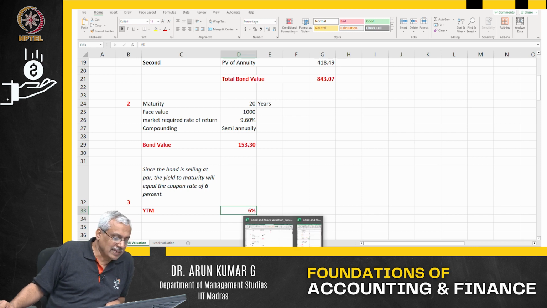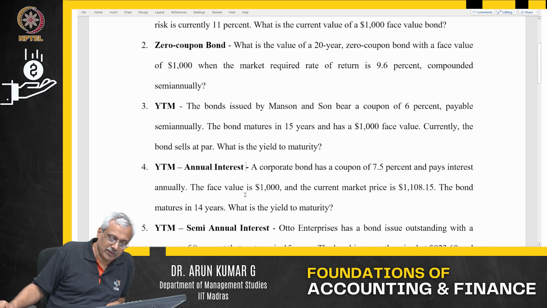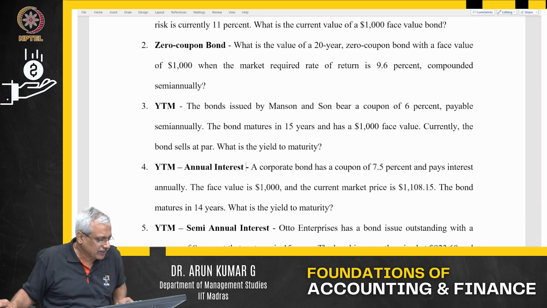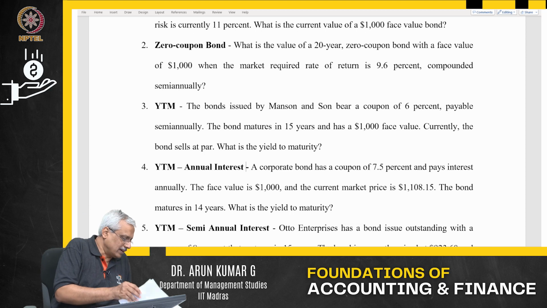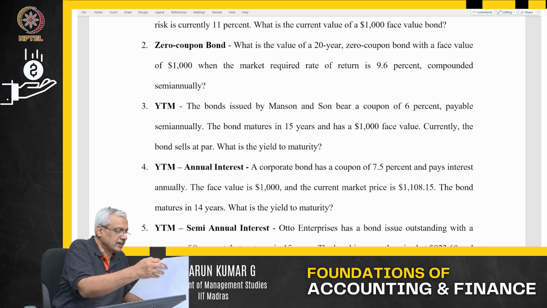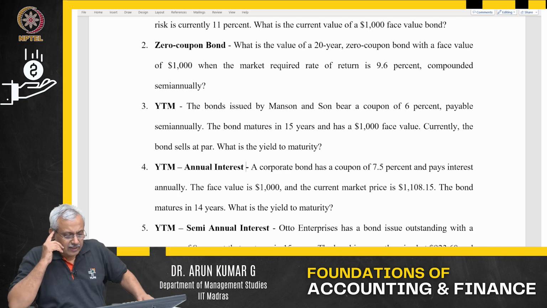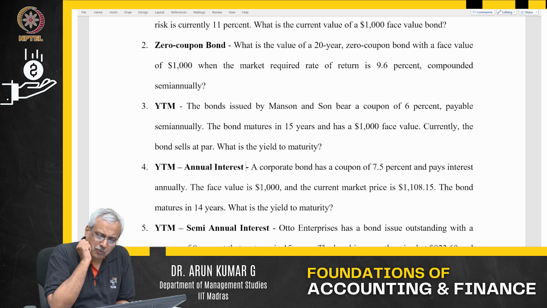Next, I look at the last numerical, the fourth problem. The rest of it you can work on yourselves. I am just going to look at one more. A corporate bond has a coupon of 7.5% and pays interest annually.